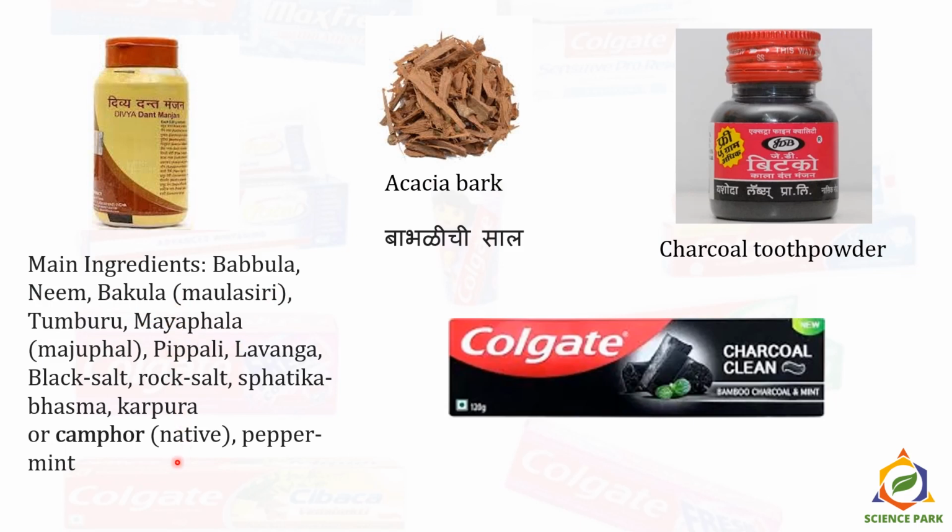So all these are tree extracts: pimpri, lavanga, black salt, rock salt, sphatik bhasma, karpur, that is camphor, but it is naturally made camphor, and peppermint. And still certain people who believe in Ayurveda use dantamanjans instead of using toothpaste.